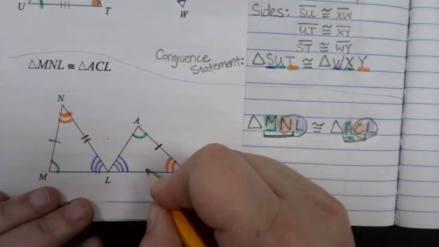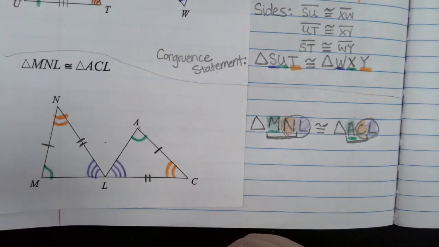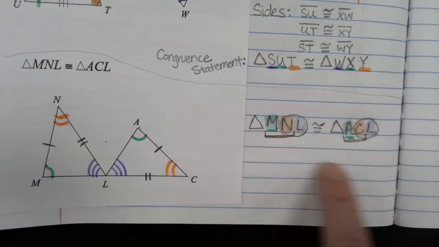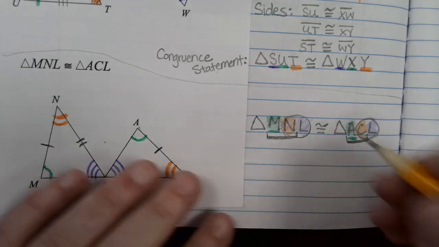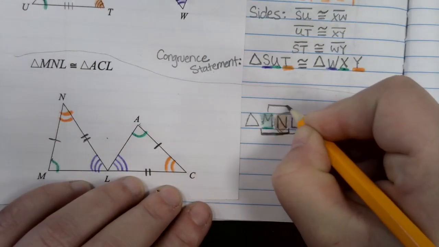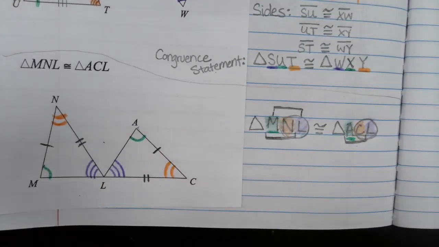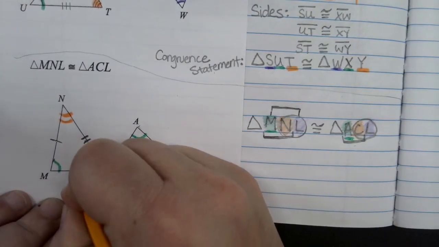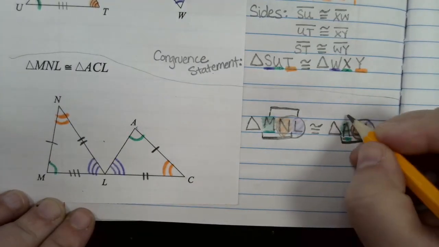C to L also gets 2 tick marks. And then we have our last side, which can be a little bit hard to read on this one because we have to match the other 2 letters that haven't been matched yet. We did M and N and L. What 2 letters have we not put together yet? ML. The outside letters. ML goes with what are the outside letters here? AL.